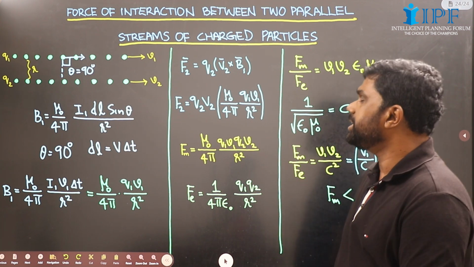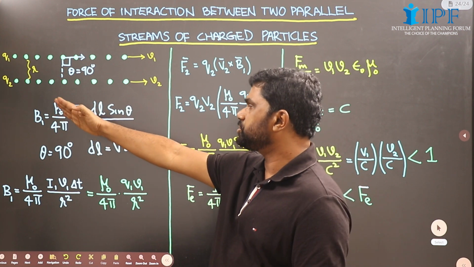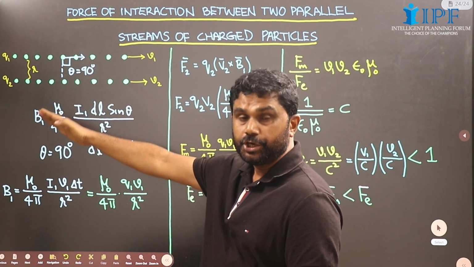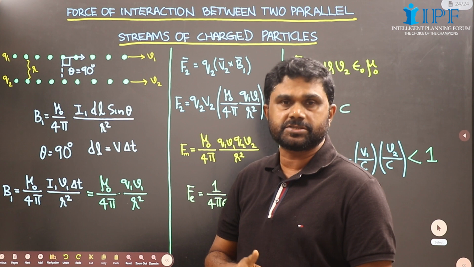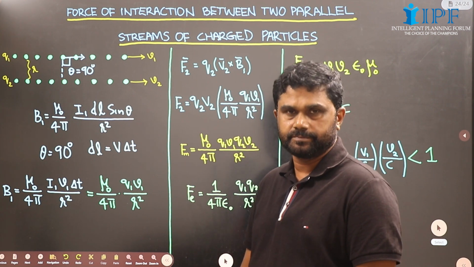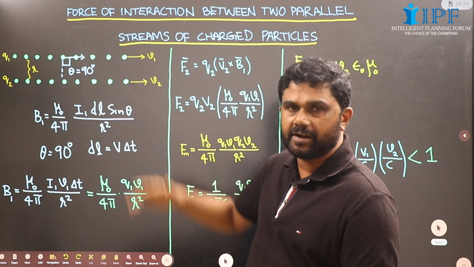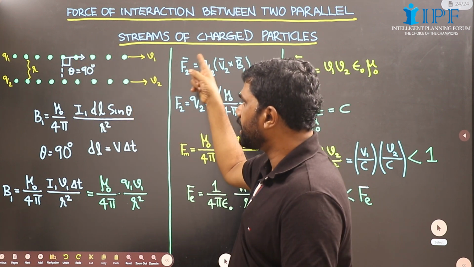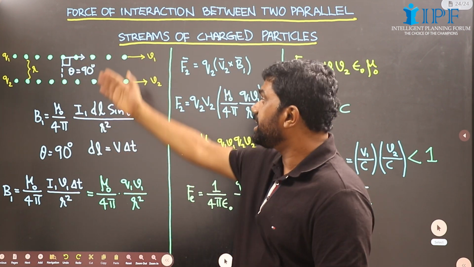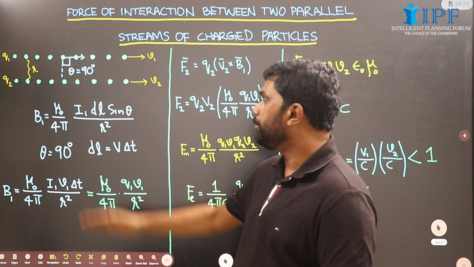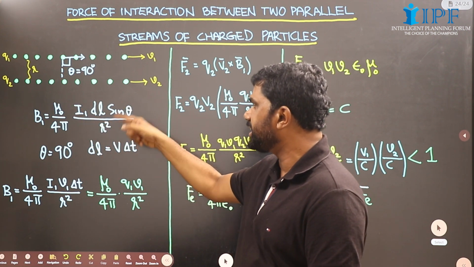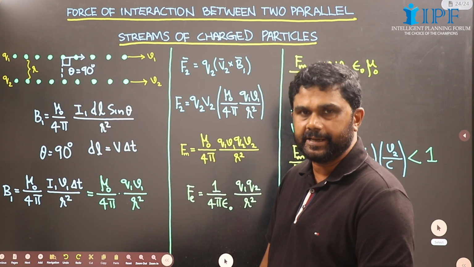Now see B1, that is the magnetic field due to the first stream of particles at the position of the second stream. By Biot-Savart's law, because this is equivalent to a current carrying conductor, consider a small element of length dl: mu 0 by 4 pi I1 dl sin theta by r square, theta is 90.